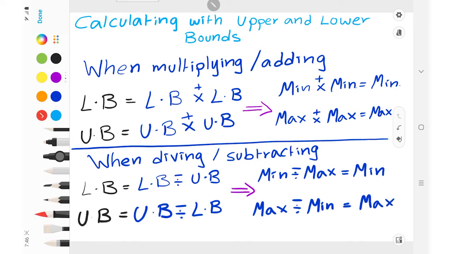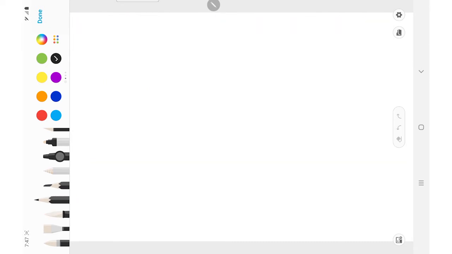So it depends on the first one. If this one is max, then my answer will be max. If the first number is min, then my answer will be minimum. Same thing: if what I want is the lower bound, then my first number will be lower. If what I want is the upper bound, then my first number will be the upper bound. So let's have some examples.